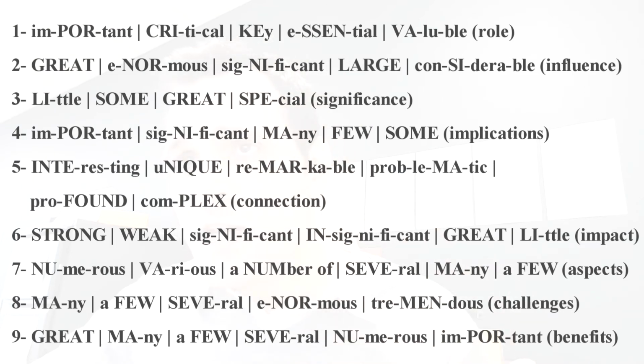But with connection, I can talk about interesting connection, unique connection, remarkable connection, problematic connection, profound connection, complex connection. How about impact? Well, I can say strong impact, weak impact, significant impact, insignificant impact, great impact, little impact.